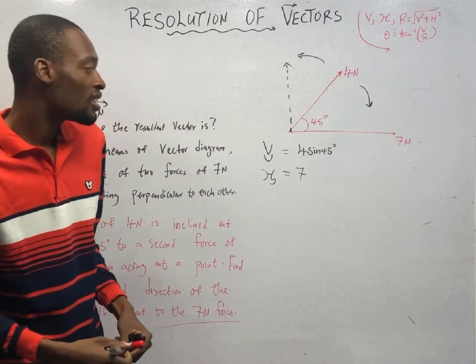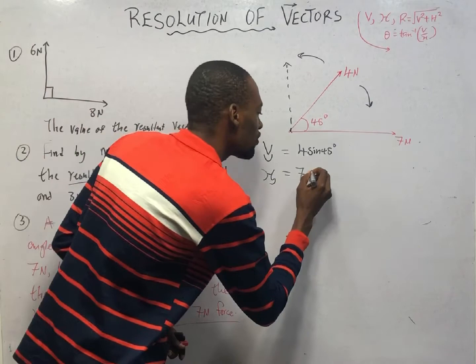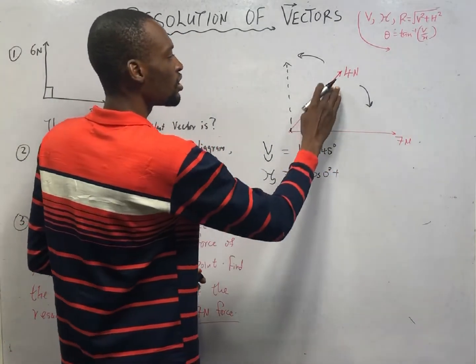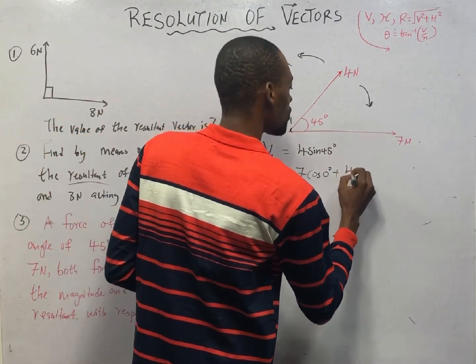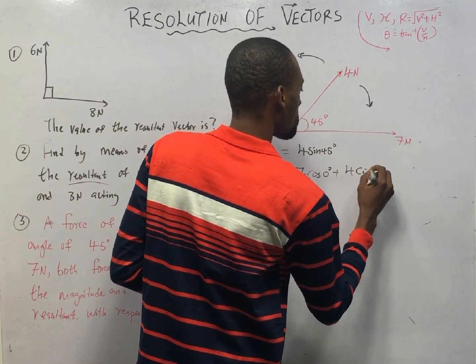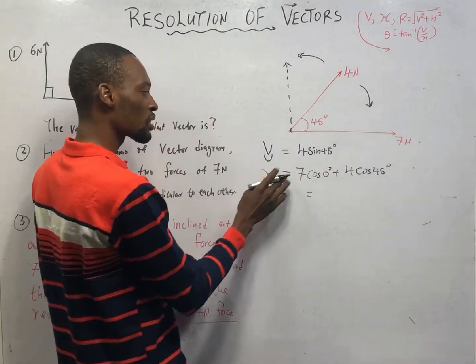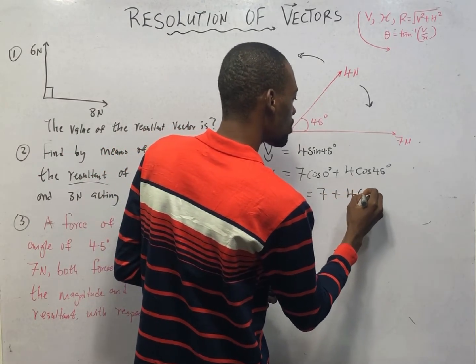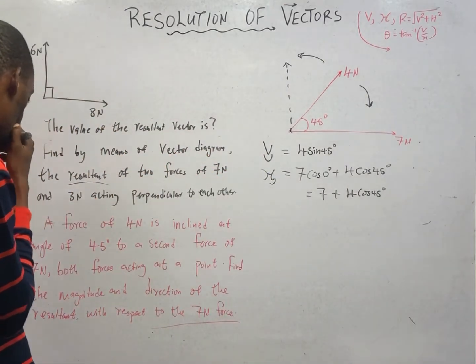You can say, okay, since resolving to the horizontal, we use cosine, so 7 cos 0 degrees plus this 4, we push it down, we close the angle, that is 4 cos 45 degrees. And cos 0 is 1, so 7 times 1 is 7. So we have 7 plus 4 cos 45 degrees. So let's observe again.